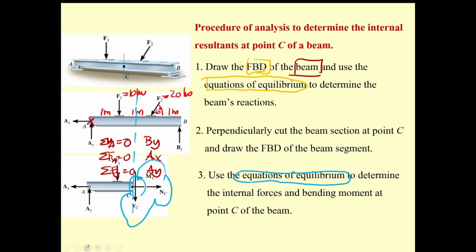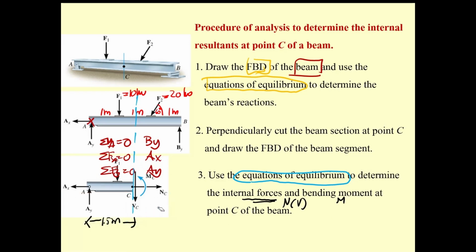If you say this is 1.5 meter, and you determine the internal forces N and also V, and then you need M, you have to be right, following what the classical method defined. And then in engineering statics, we do what?